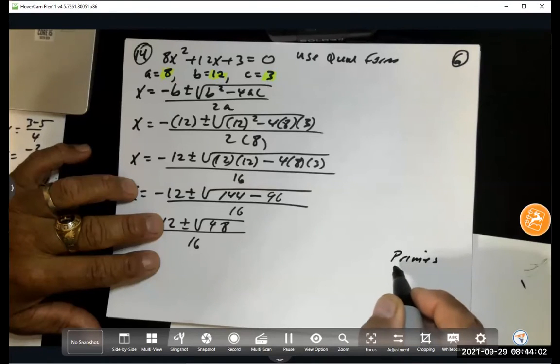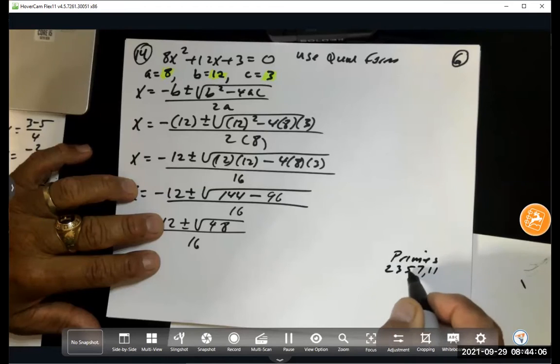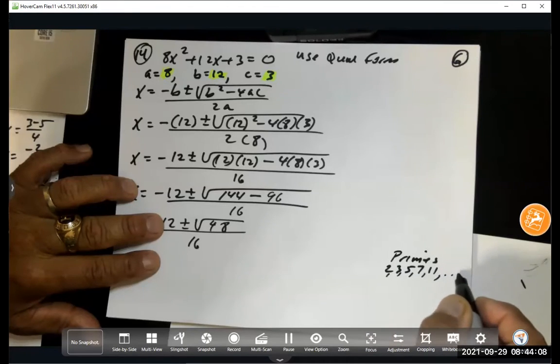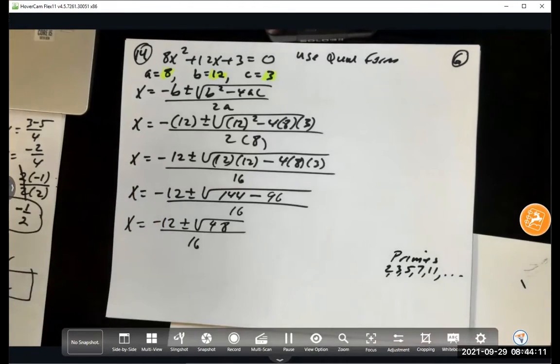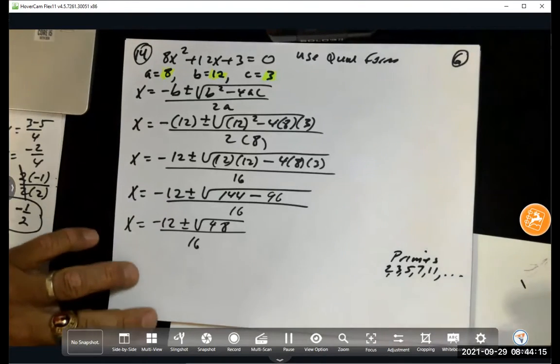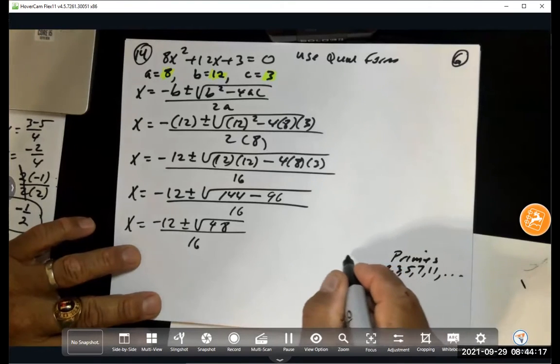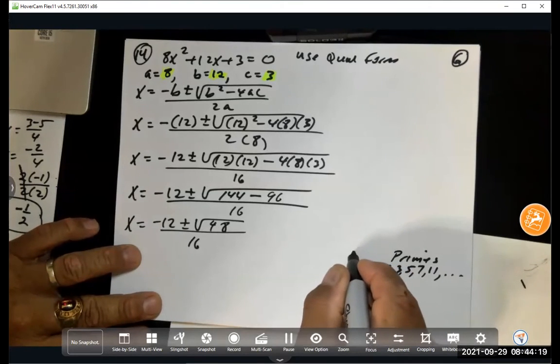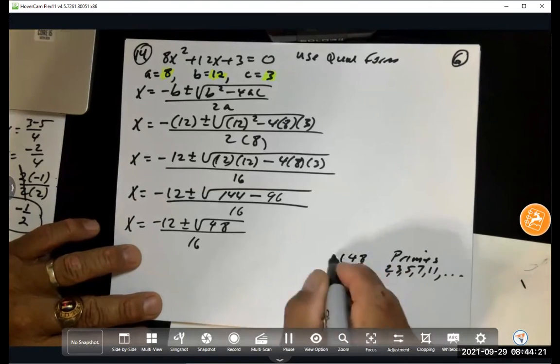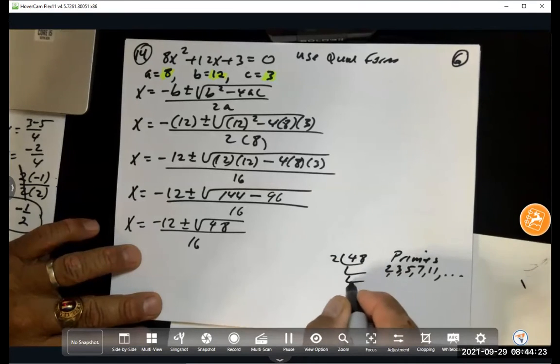Prime numbers are like 2, 3, 5, 7, 11, and all these numbers go on. I'll call them prime numbers. So what you're going to do is get that 48 and use those numbers to break it down. Here is 48. Can 2 divide 48? Yes or no?